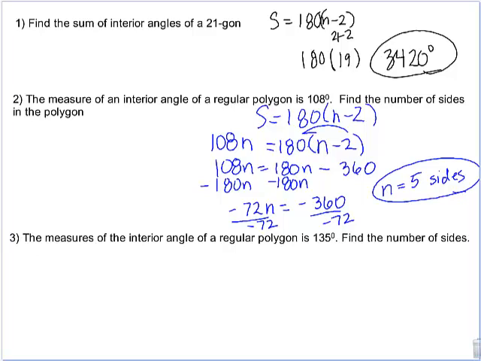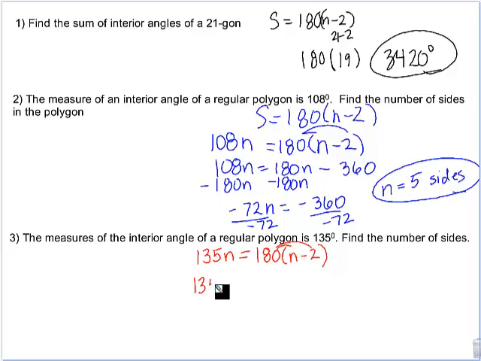So how are we going to set this equation up? Like you did with the last one. So instead of the sum, we have 135n equals 180 times (n minus 2).